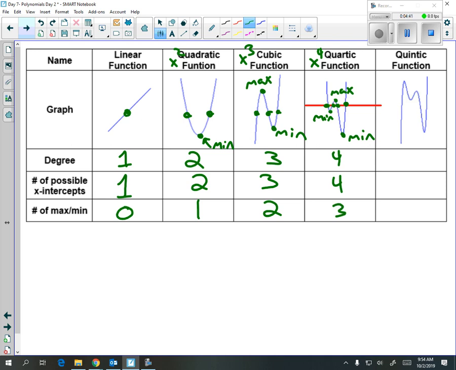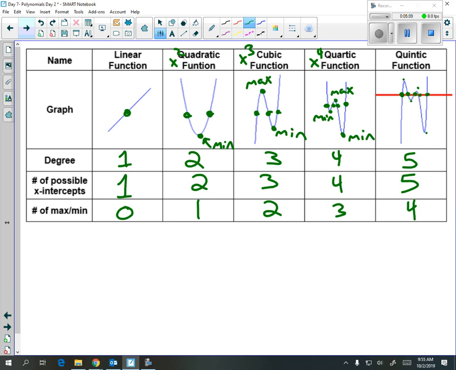Quintic functions are degree 5, x to the 5th. It has a possible number of x-intercepts. Again, we can assume this at this point. We should see a pattern emerging. It has a possible amount of 5. Not necessarily 5, but in this case 5. The number of max and mins, we have one max, a min, a max, a min, that would be 4.